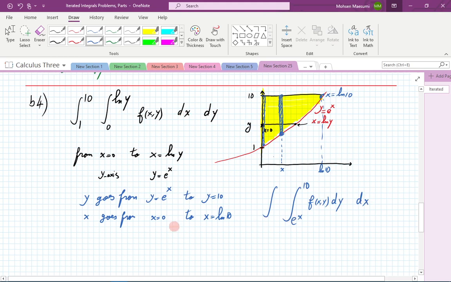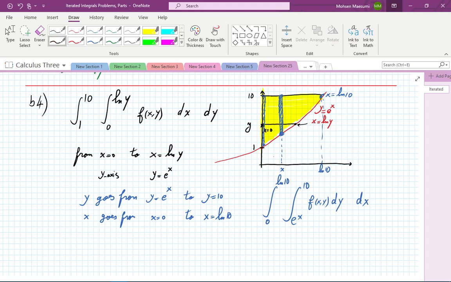X goes from 0, start at 0, and the highest is logarithm of 10. Okay, so that is the conversion. You want to make sure you do this several times by yourself. Better yet, there are many problems of this type at the end of this section. You want to do a large number of these to become comfortable with what's happening.